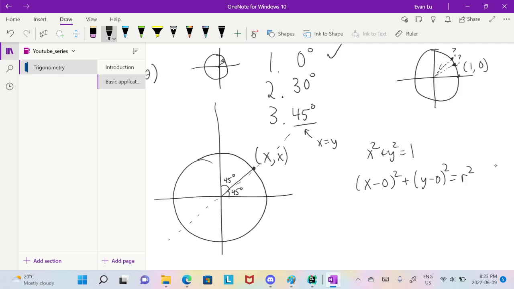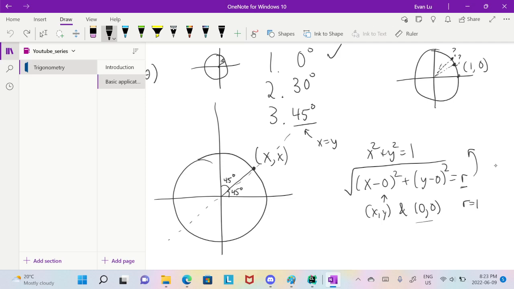Or rather, it would have a square root and would not be squared. So this is just between x, y, and 0, 0. And we know that the distance between x, y, and the center of our circle should be the radius. So that's kind of where this comes from. And in this case, the radius would be 1. So you square both sides, and what is inside the square is just x squared plus y squared. So it's really not hard to see how you can go from the distance formula to the equation of a circle.